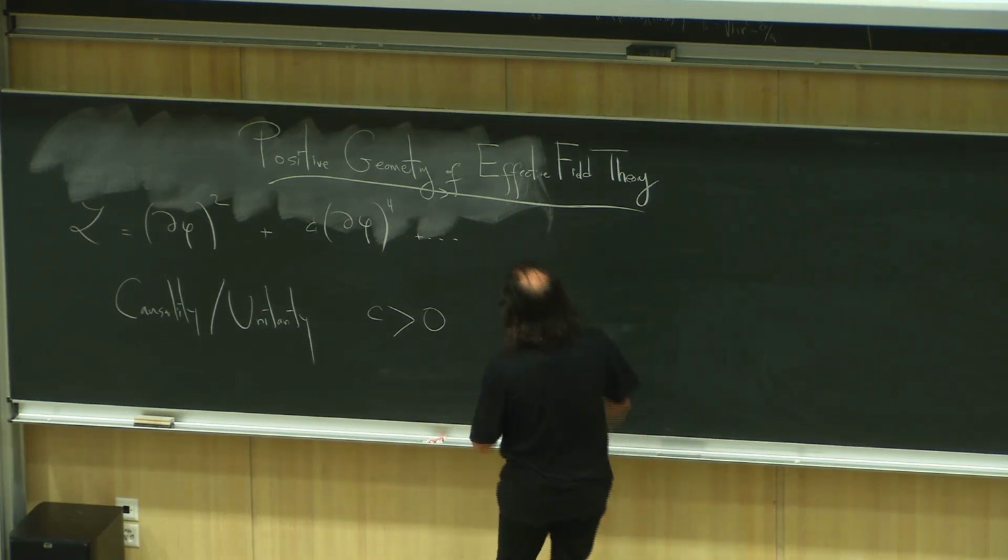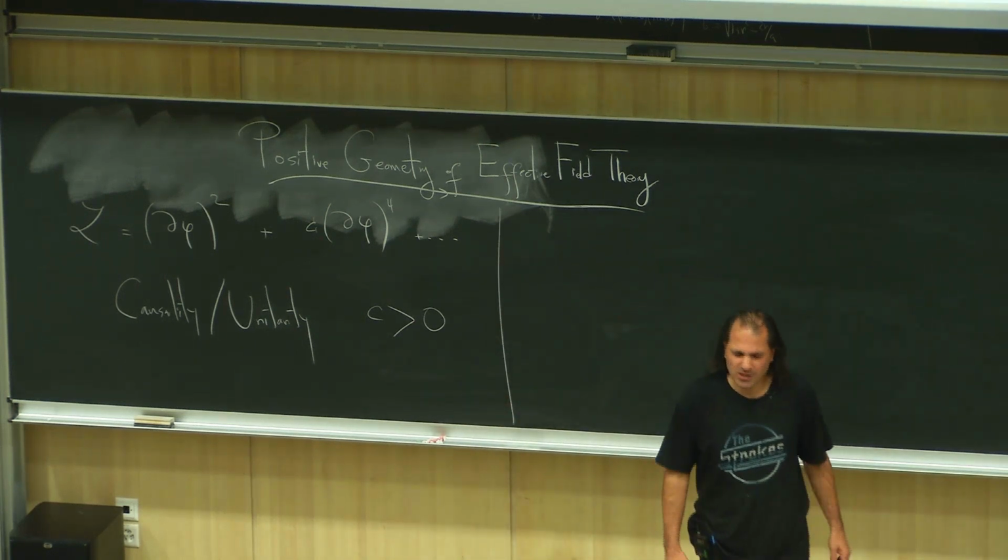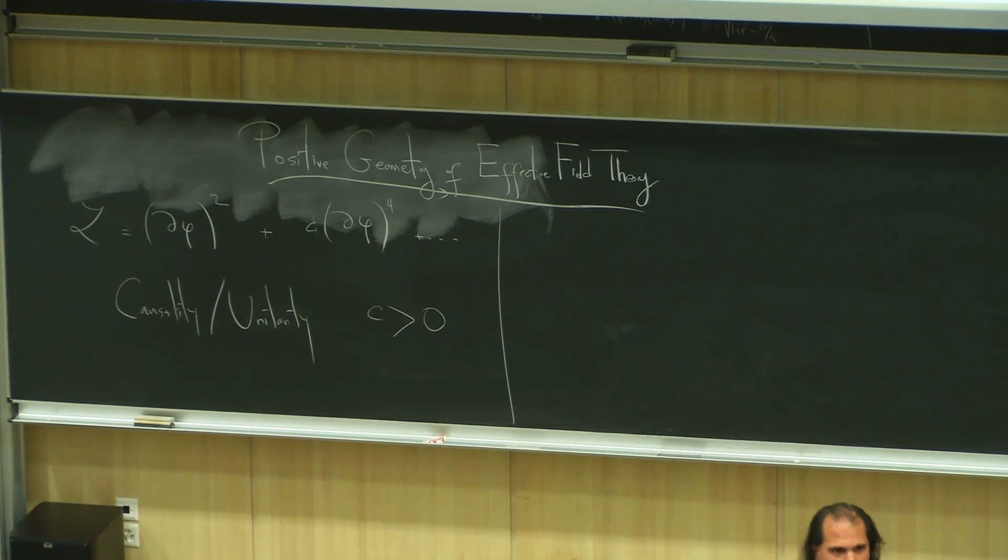But anyway, what is the reason for this? Let's just back up for a second. If you're a model builder or a phenomenologist, you know that if you want to learn anything about higher dimension operators, you have to look for situations where they break a symmetry, right? After all, the leading interactions dominate low energy physics, and so if you want to look for some effect of very high energy physics, you have to find a process for which the universal, two derivative interactions at long distances give you 0, maybe for some symmetry reason.